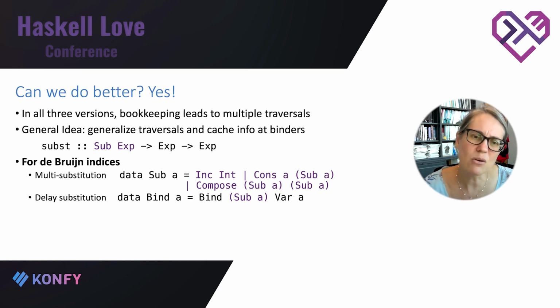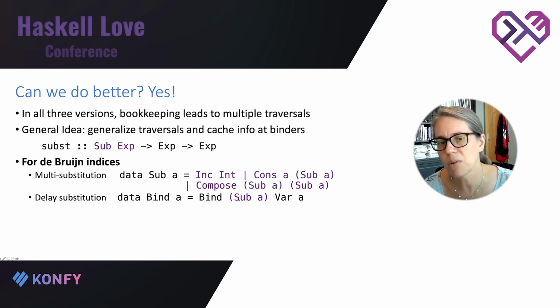And here, I'm not going to go into the details of how this works, but there's a really nice way to represent the de Bruijn index substitution as a substitution for all of the indices inside of a term. And we can defunctionalize it so it's a very small representation. And then that is something that we can delay at a binder: whenever we apply a substitution to a lambda term, we don't have to keep pushing it all the way inside the term, right?